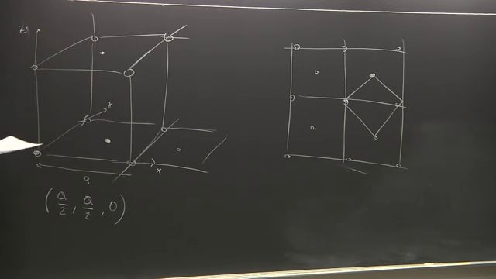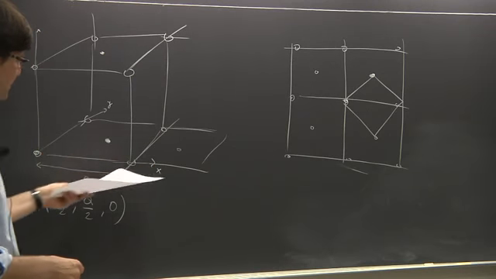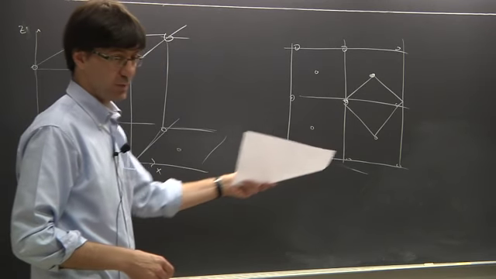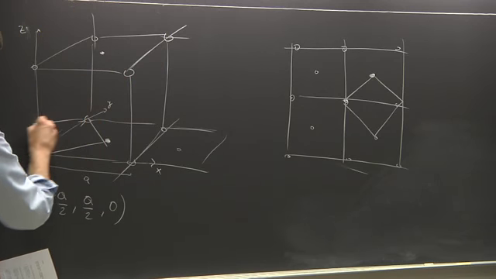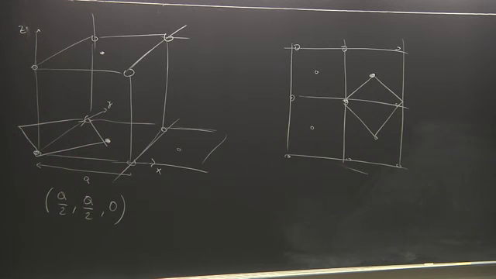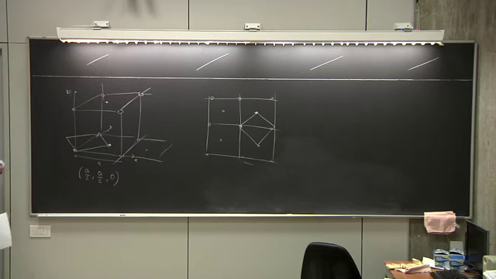Now, if we interpret this picture based on this one, you now clearly see that you could have done the same for the basal plane. So you could have identified a square Bravais lattice on the basal plane.